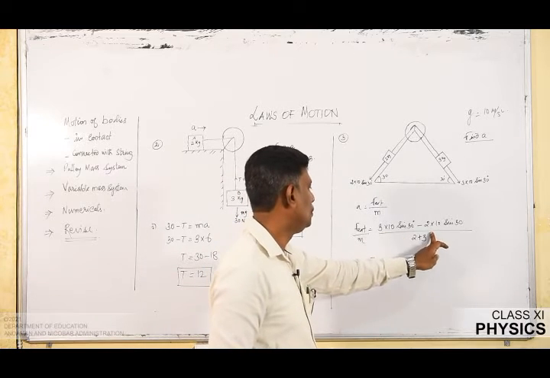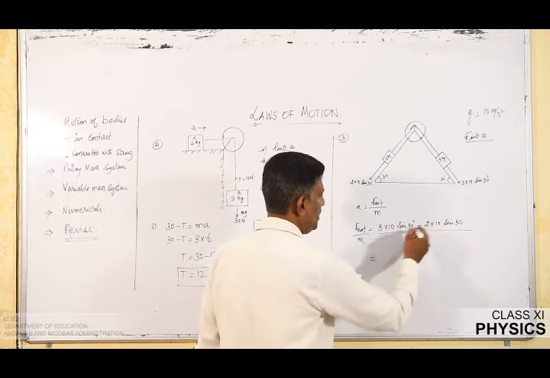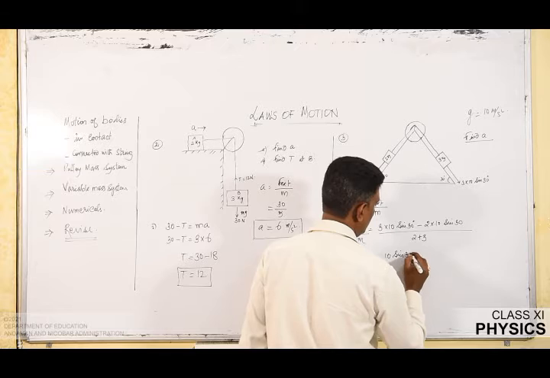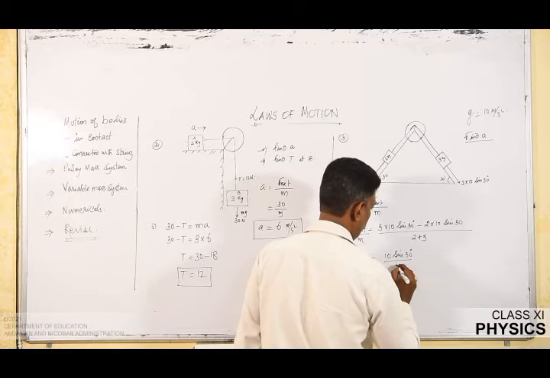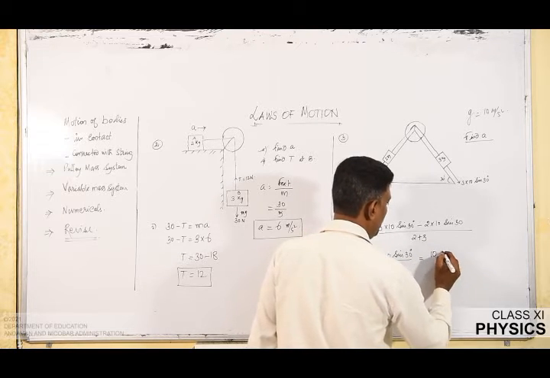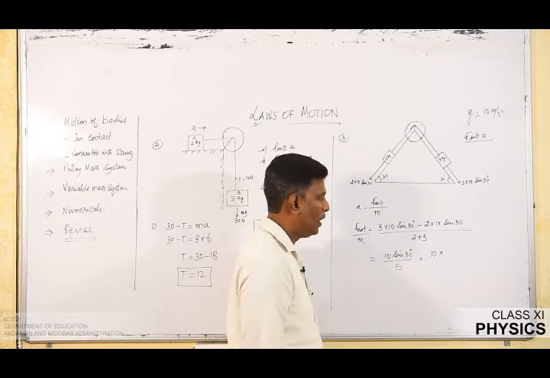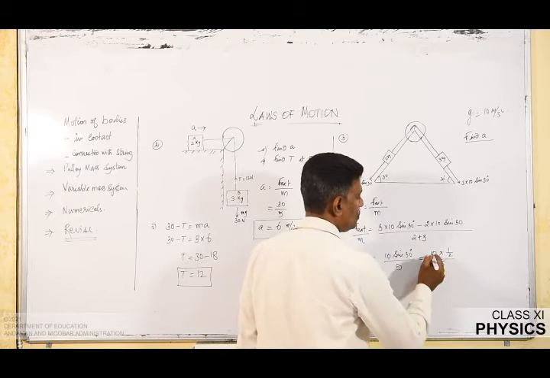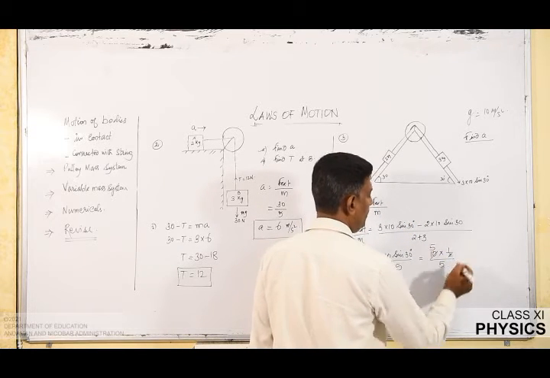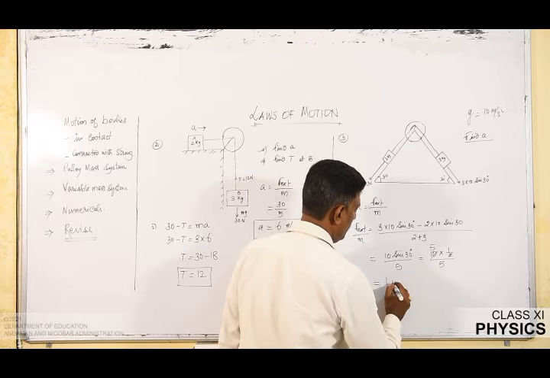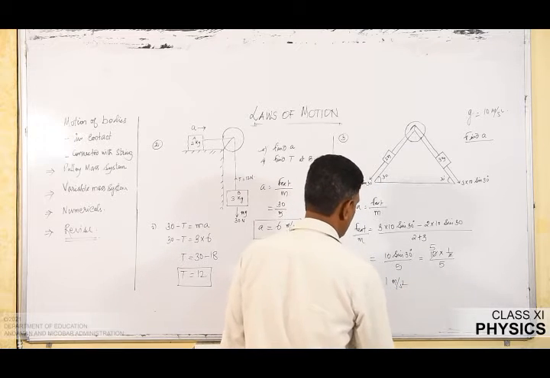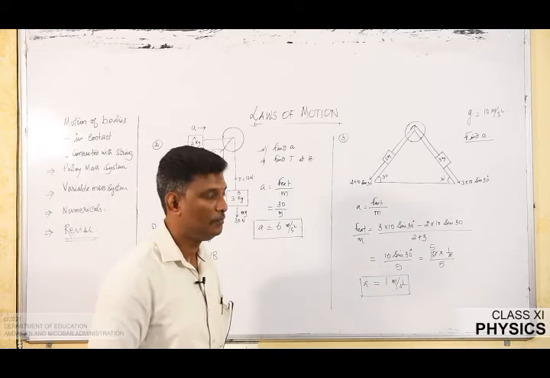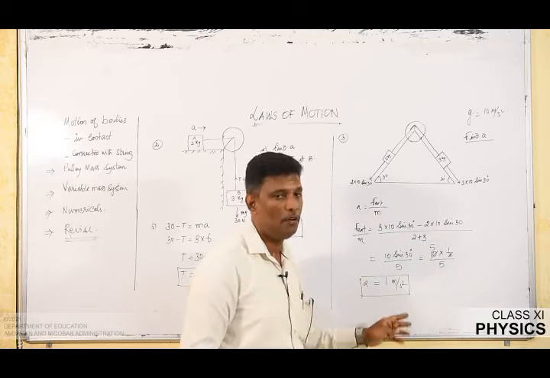So straightly we can write 10 sin 30 degree divided by 5. So 10 into sin 30 value is 1 by 2, divided by 5. So 5 divided by 5, that is 1 meter per second square. So acceleration is equal to 1 meter per second square. This is how we can solve such type of problems.